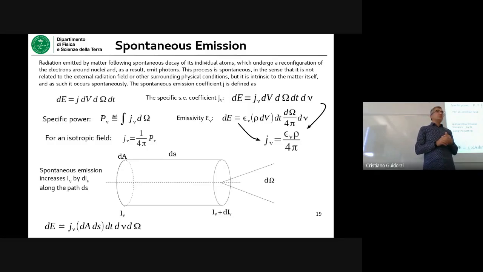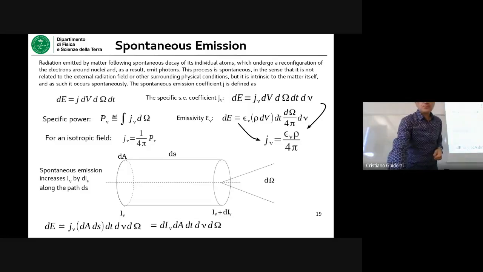This is the amount of energy that I gained. But this amount of energy is just what I didn't have here at the beginning and what I have here at the end. So it is the amount of energy which has contributed to increase what I already had at the beginning of the cylinder. So this is exactly something which I can express as a function of the change of the brightness.